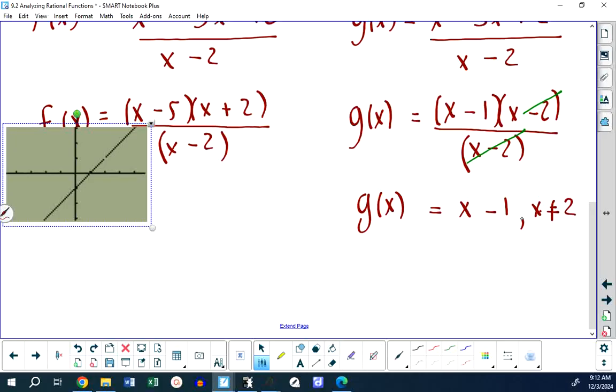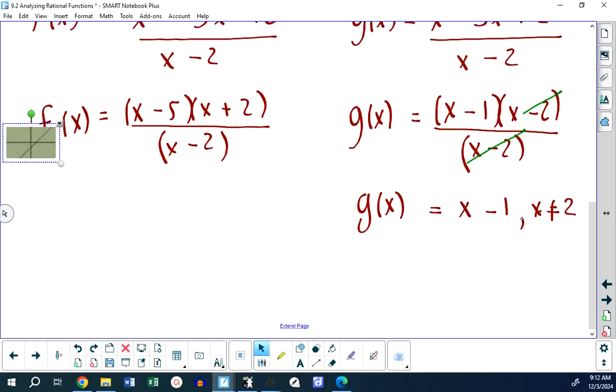When you have a domain you want to find out or a non-permissible value, you must determine it before you've simplified anything. Always. Okay? We did this last year in Math 20 where you'd find the non-permissible values and then you would start canceling stuff. So what do we learn from this?